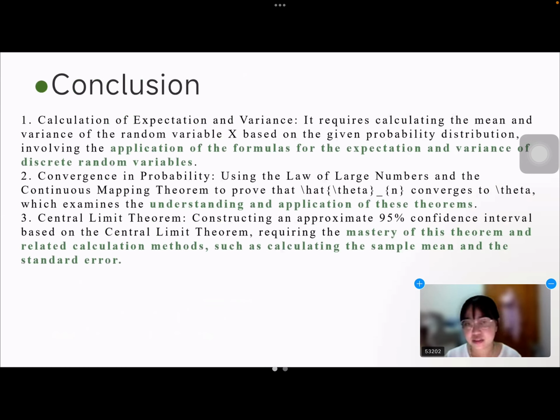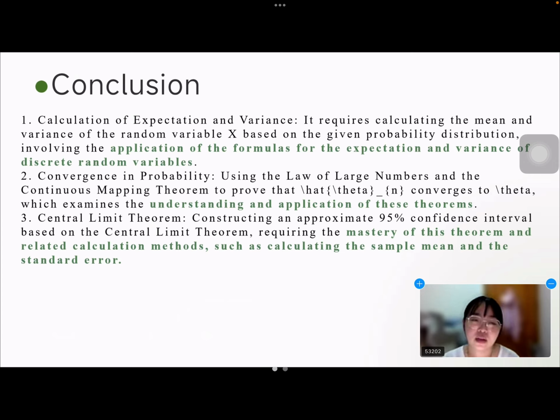After doing this question, I think everyone needs to know how to apply the formulas for the expectation and the variance of a discrete random variable. And also we need to understand some theories like the LLN and the continuous mapping theorem.